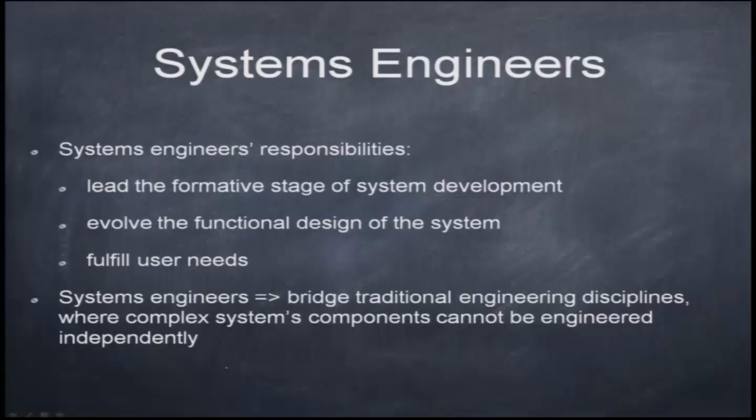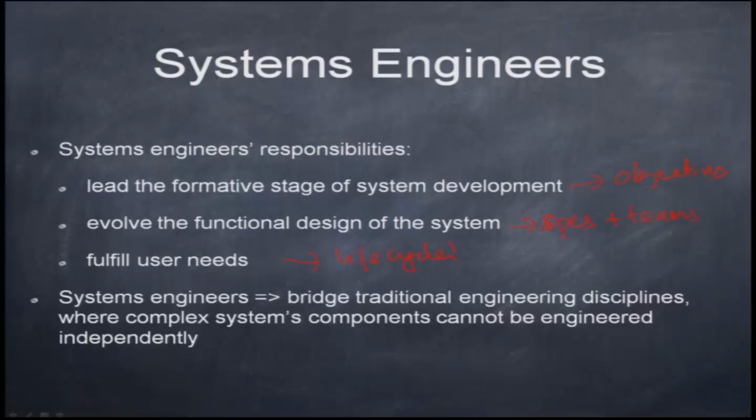And who are systems engineers? Their major responsibilities involve leading the formative stage of the system development, the first phase, where you actually evolve the functional design of the system, where you come to the specifications as well as the team. So, here are the objectives, here are the specs plus teams, and then here is the life cycle.